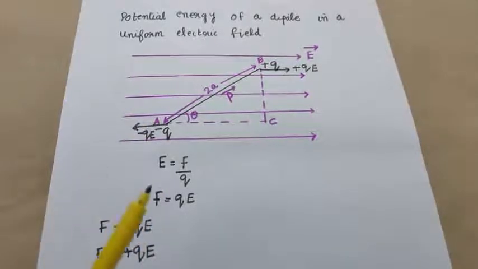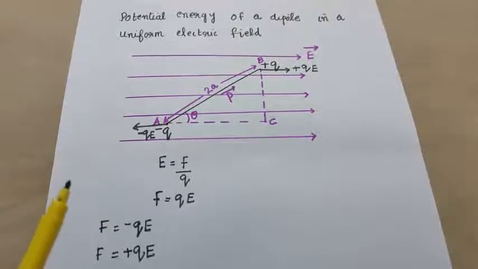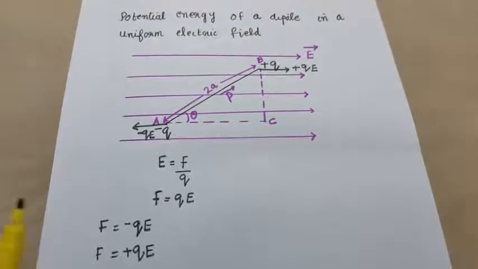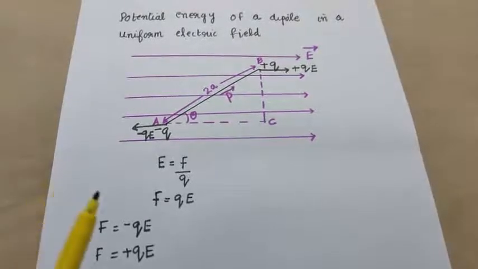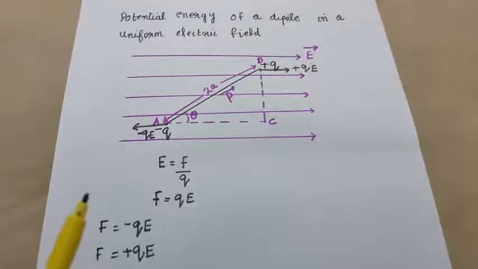Couple means two equal and opposite forces acting at two different points. So we know instead of a force, the electric dipole will experience a torque. And let us find the torque exerted by the couple.